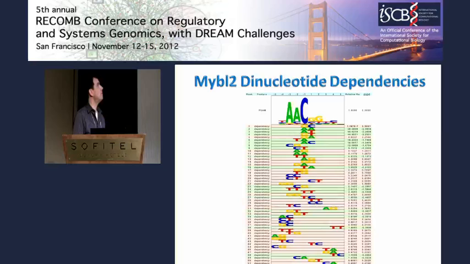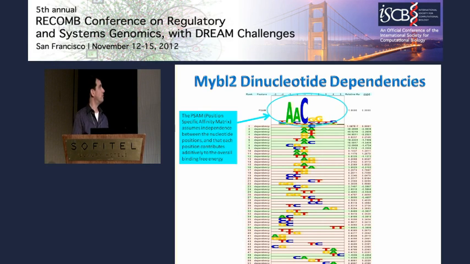So now, on top of the positional independence model, FeatureREDUCE now uses a robust regression framework to incorporate higher order sequence features. Now, I don't have time to go into all the sequence features that FeatureREDUCE can model, but here I'm showing the nearest neighbor dinucleotide dependency correction terms.